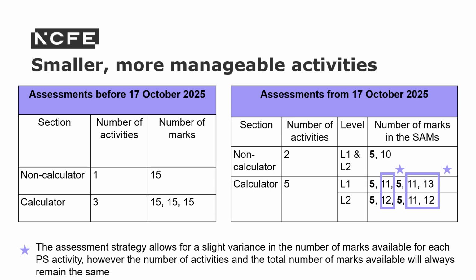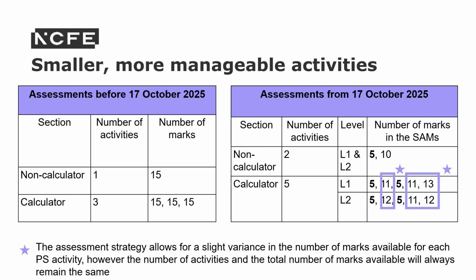But whilst the 5 marks available for the underpinning skills activities will not change, I'm talking about at level 1 here, you could easily have the first problem solving activity be perhaps 13 marks in total. Perhaps the next activity might be 12 marks, and then the final problem solving activity could perhaps be 10 marks.